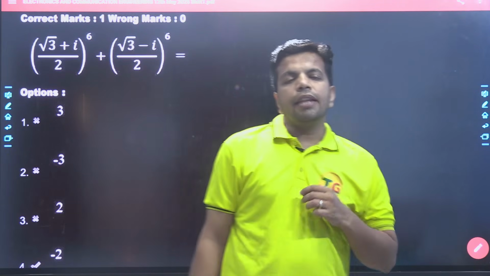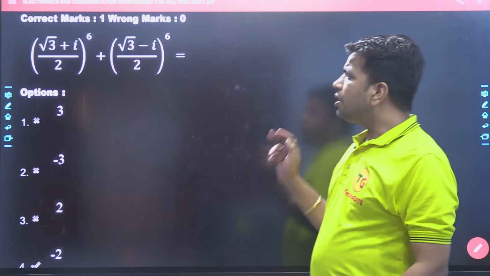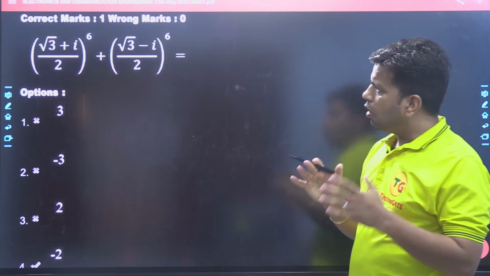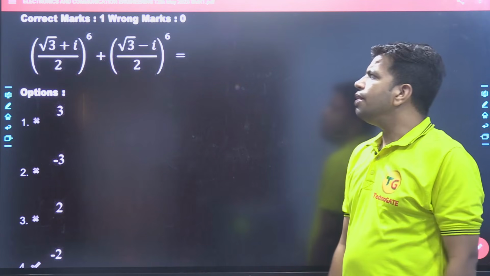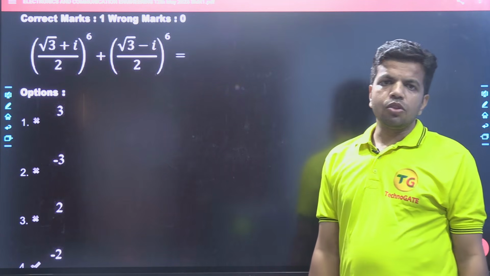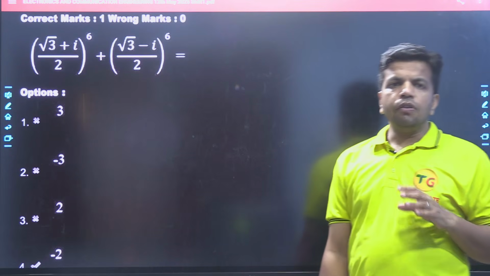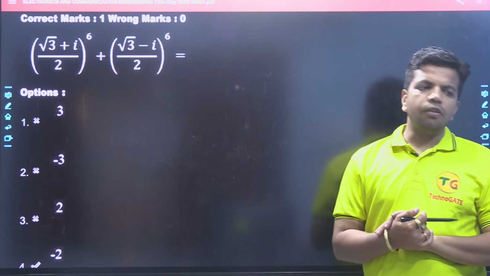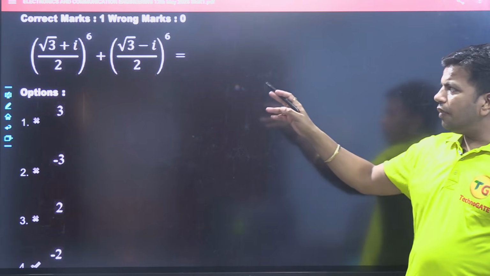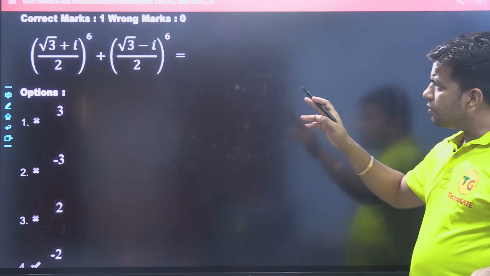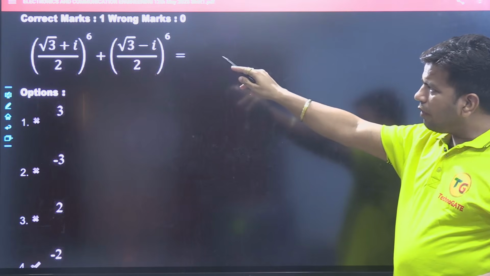Now see, the next question is square root 3 plus i by 2 whole raised to 6 plus square root 3 by 2 minus i whole raised to 6 equals what? So first of all, to solve that particular question, we need to find the value of this particular expression.